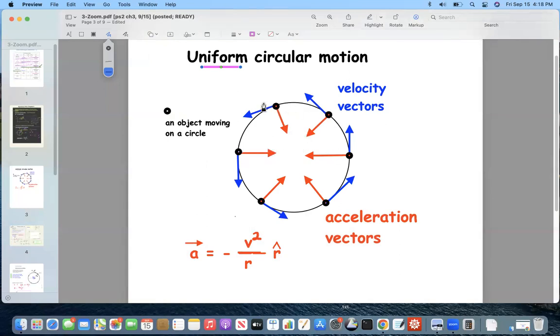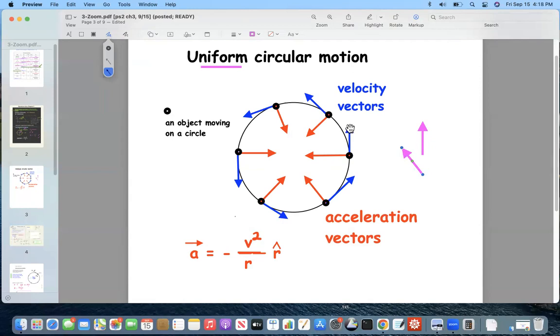And you can sort of see why the direction is in that way if you look at this picture. You have a velocity going this way. A little later, you have a velocity going this way. How did the velocity change? Well, it changed from this, at this point, to this. At this point.